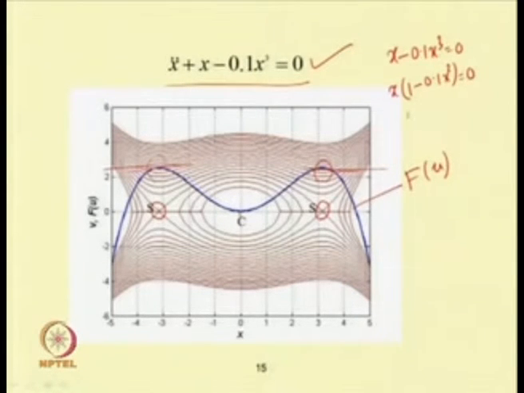So, from this either x equal to 0, or x square equal to 1 by 0.1, that is 10, so we have x equal to plus minus root 10. So, we have 3 equilibrium positions, and one is x equal to 0.